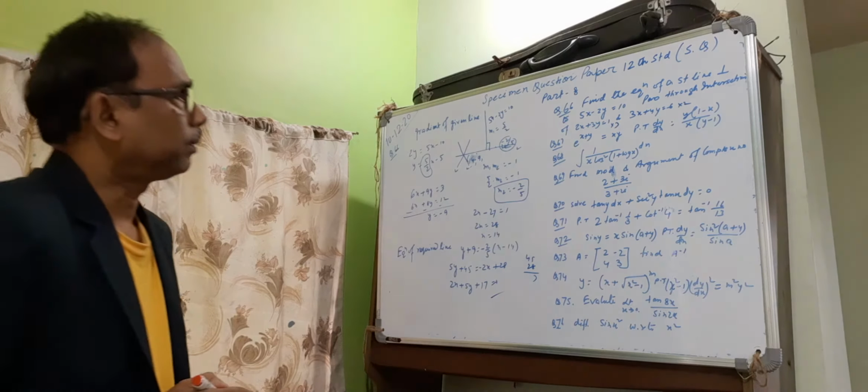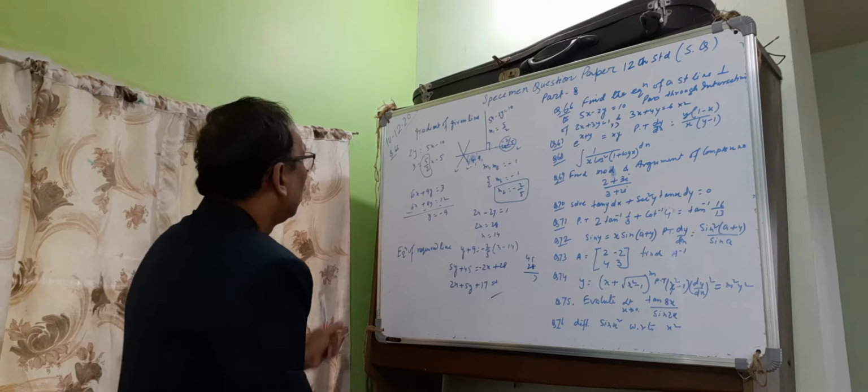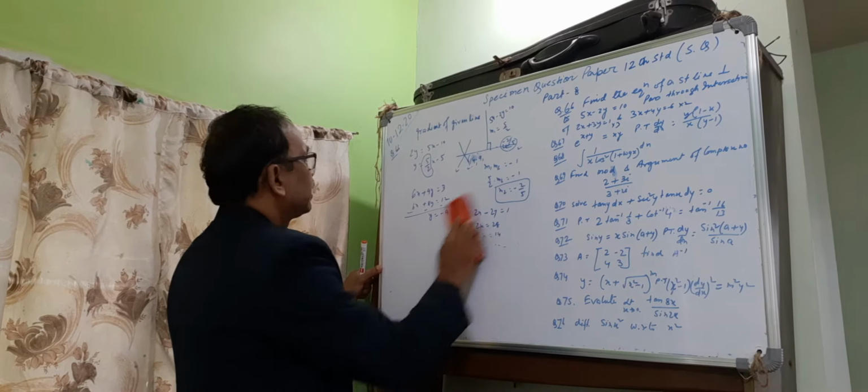That is the equation of the required line. Okay, next sum number 67.